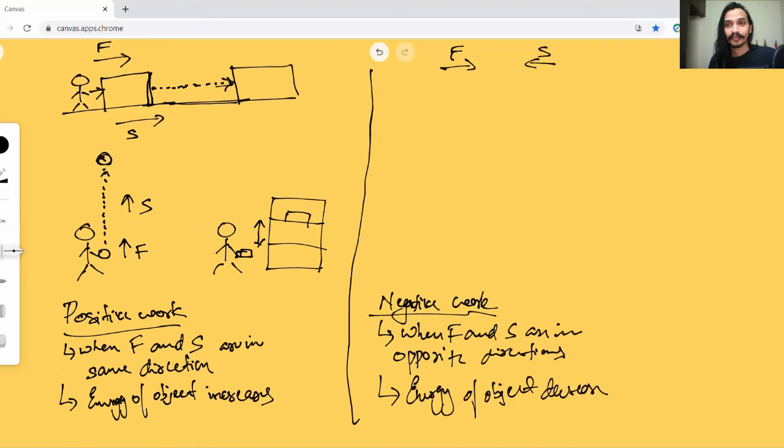Let's take this simple example over here of this person throwing the ball. Say that this boy threw the ball, and all the way it went up and reached over there. Now we know one thing, that after a certain height the ball is going to stop, right?